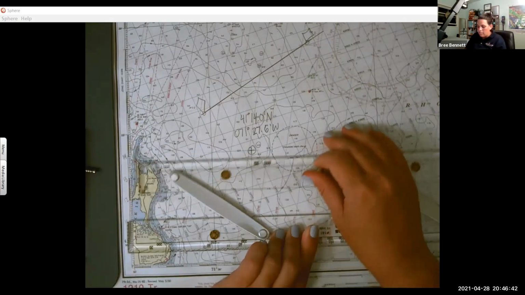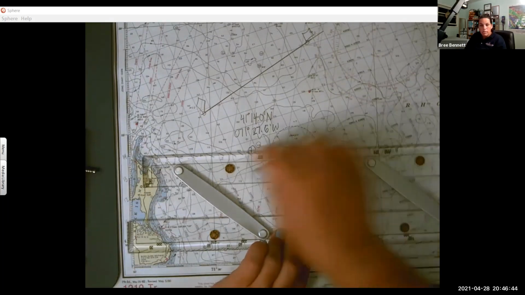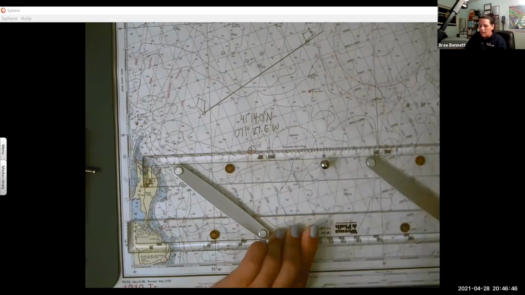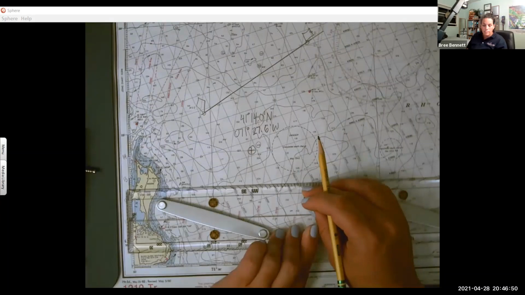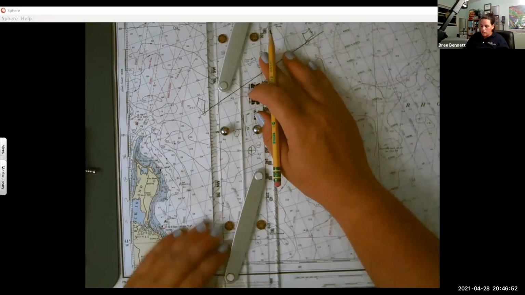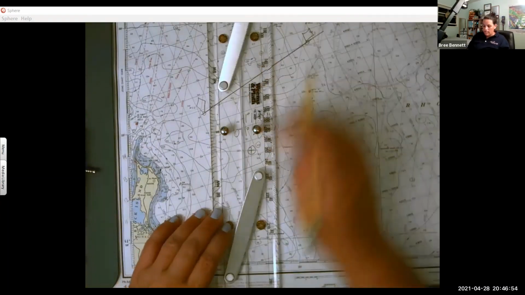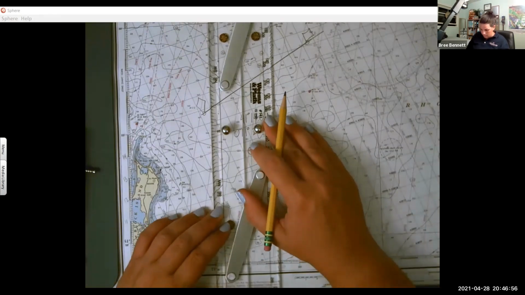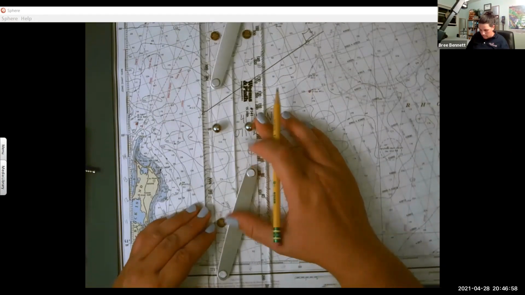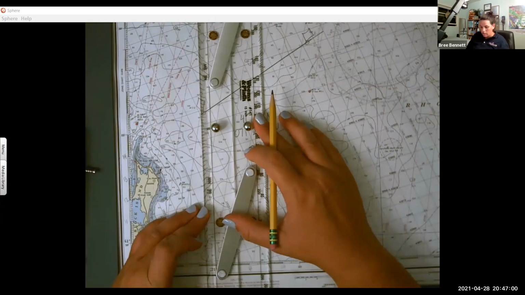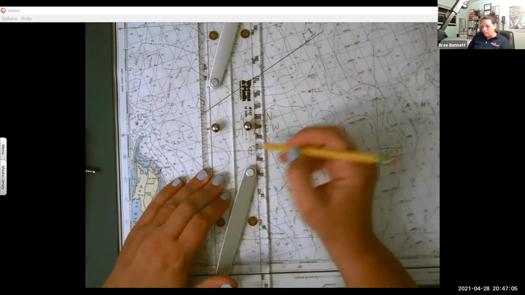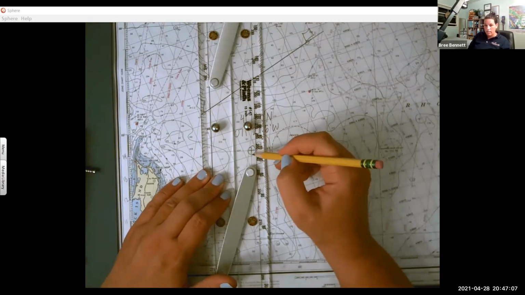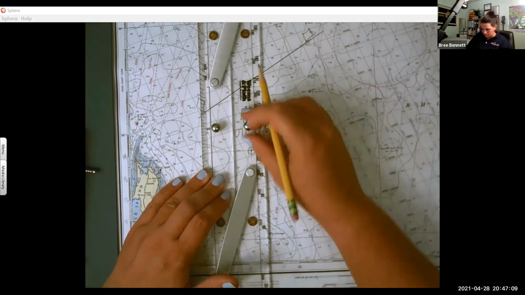So I'm going to bring it up to my position in question and then draw in that latitude line. Same with the longitude. So in this case, if I'm measuring my longitude line, my position is underneath my glass here.